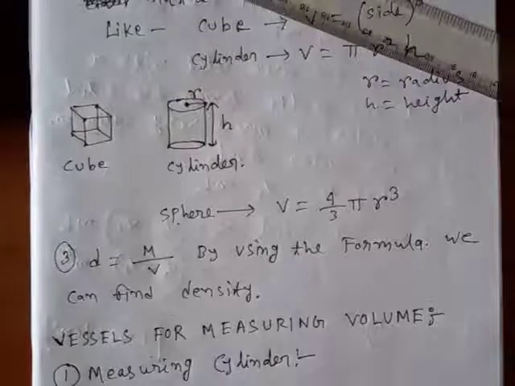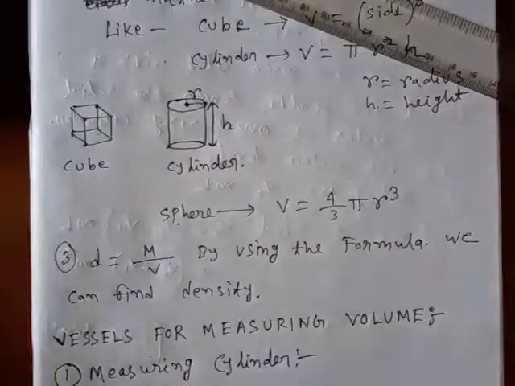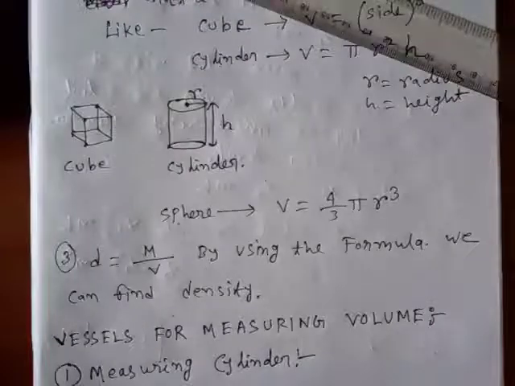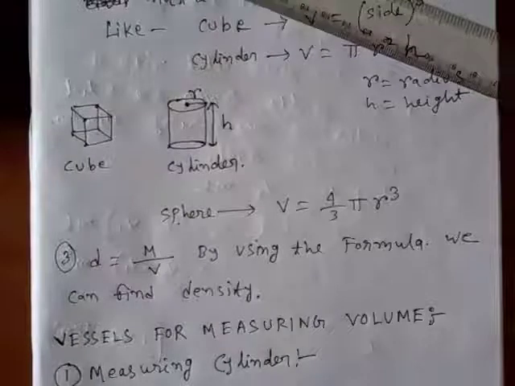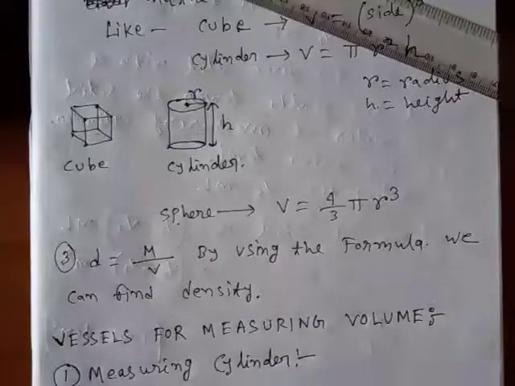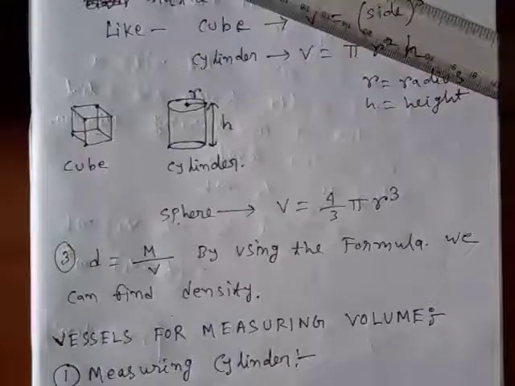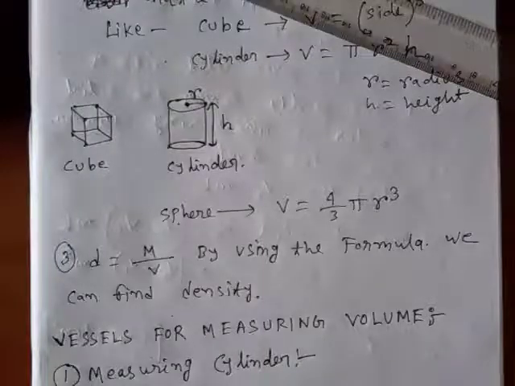So that is easy. Now, if we want to calculate the density of an irregular solid, suppose a stone, some random stone, that stone has no specific volume.